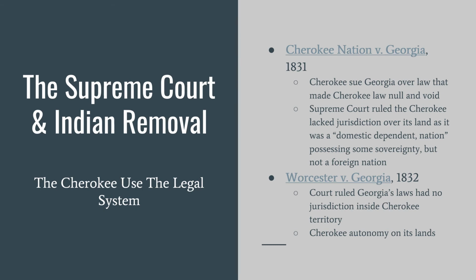The Supreme Court in 1832 rules that Georgia's laws have no jurisdiction inside Cherokee territory, that the Cherokee had autonomy on their own land, that they could make the rules on their own land, and thus did not necessarily have to comply with Indian removal.